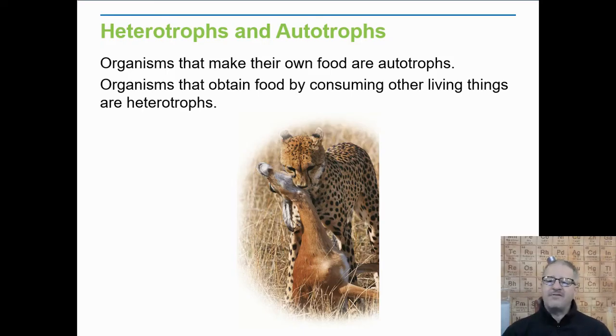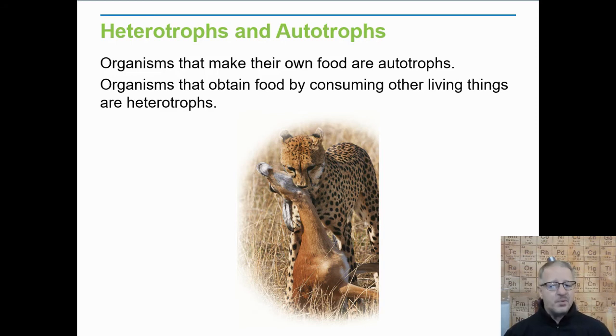Ultimately, nearly all life on Earth depends on the ability of autotrophs to capture and convert the energy from sunlight to synthesize molecules of high energy carbohydrates. We talk a lot about sugars, but it's also starches and lipids and other things. And these are molecules that can be used as food, both for the autotrophs, the plants, as well as for any organism that consumes those autotrophs or plants.